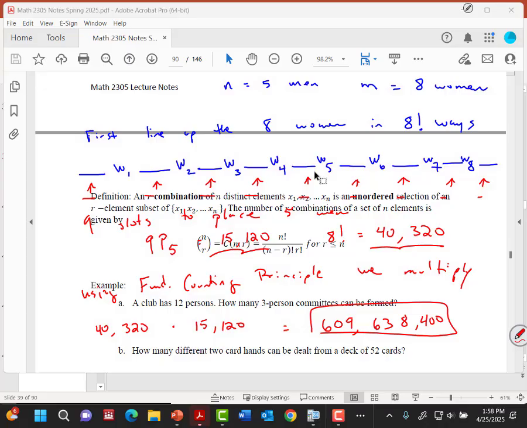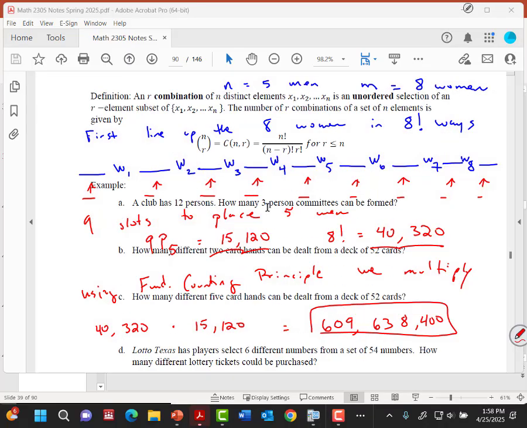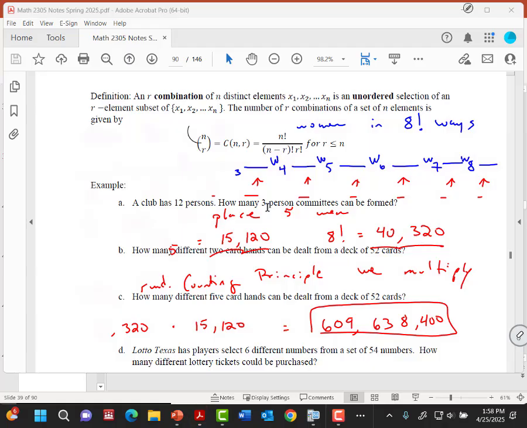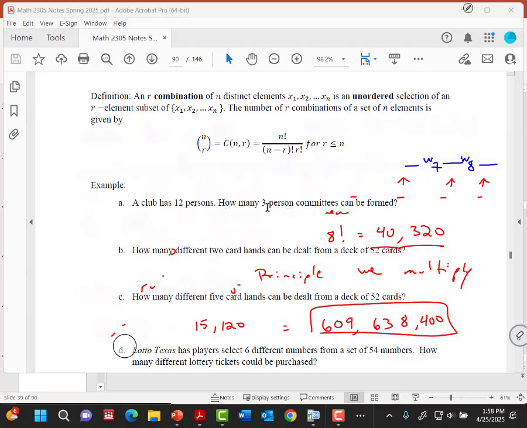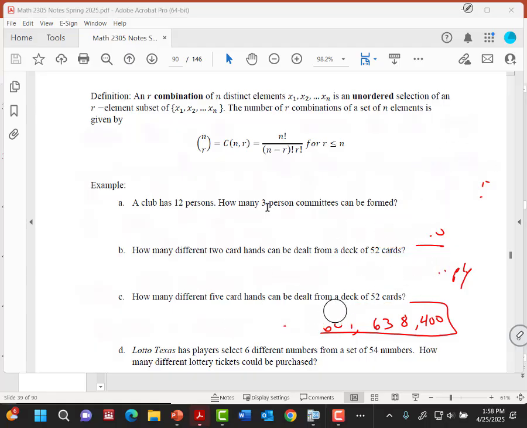Now, let's pivot. We're going to discuss something now called a combination. Give me just a second to erase this. An R combination of indistinct elements, x1 to xn, is an unordered selection of an R element subset of x1 to xn, and it is given as follows.